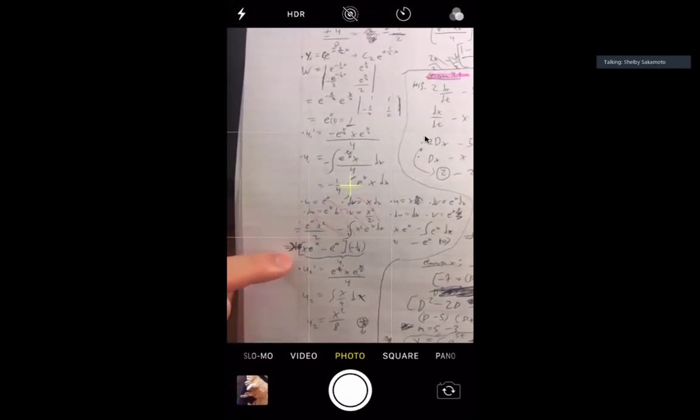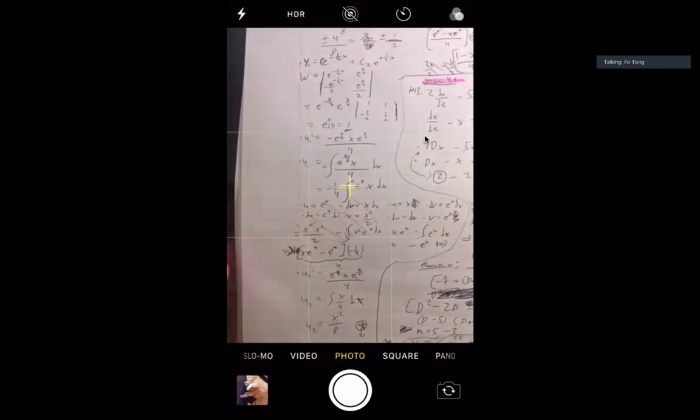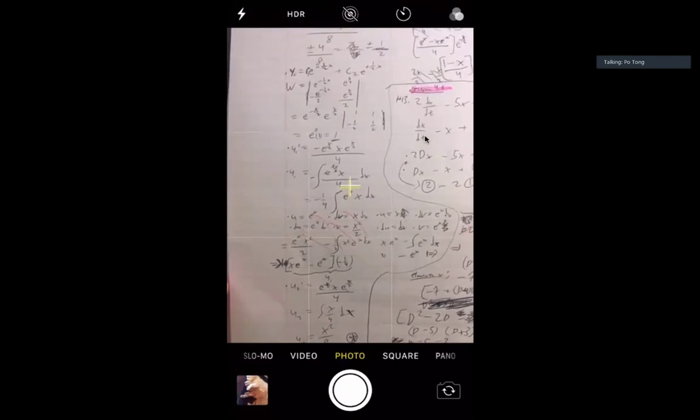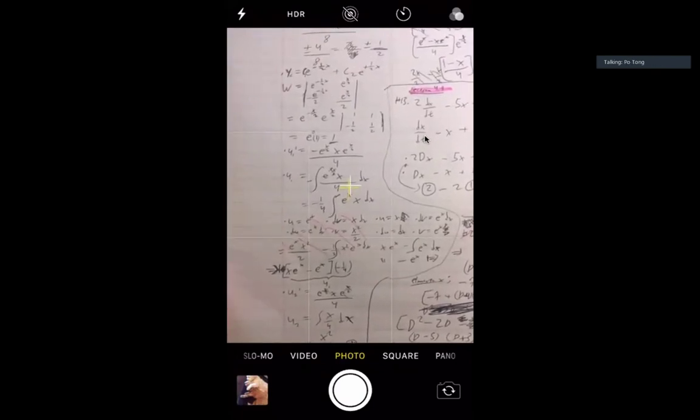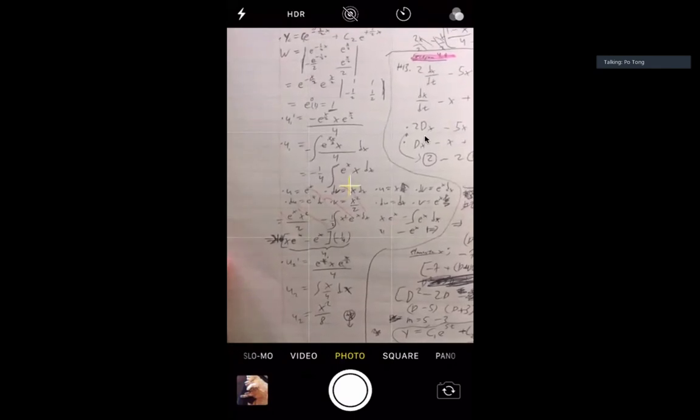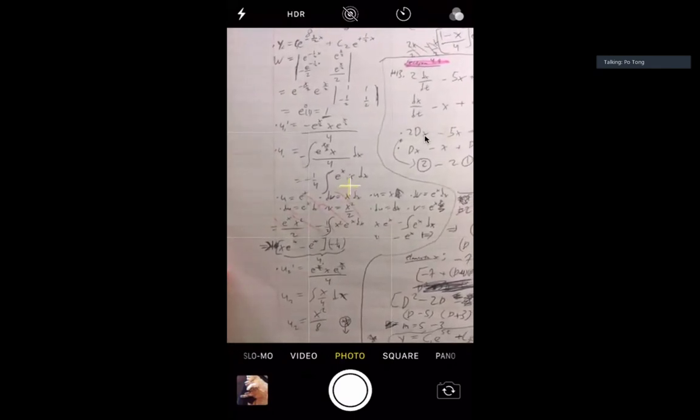Is that correct? I can't really go that fast. There's a lot of details, but the method seems correct, unless you did the integration by parts incorrectly. And u1 prime, you use the formula, right?